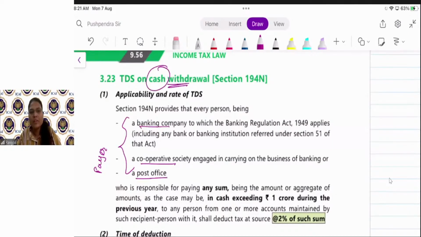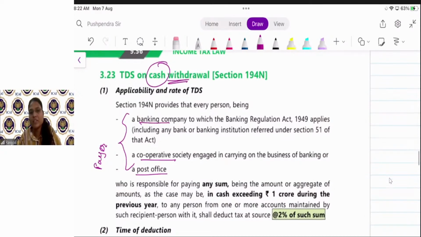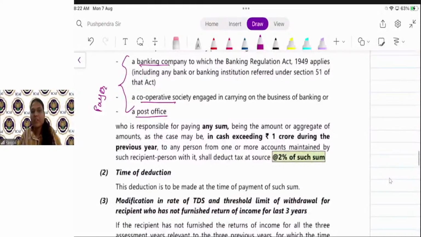It is specifically for cash withdrawal. If you are withdrawing any amount from your bank account and the withdrawal amount during the financial year is more than 1 crore, then the bank will deduct TDS at the rate of 2%.